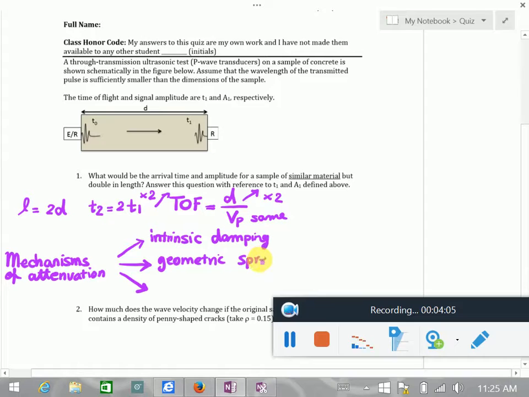So can someone other than Tiffany remind us about geometric spreading? Why do we have that?